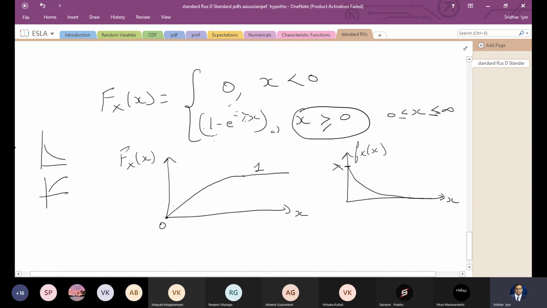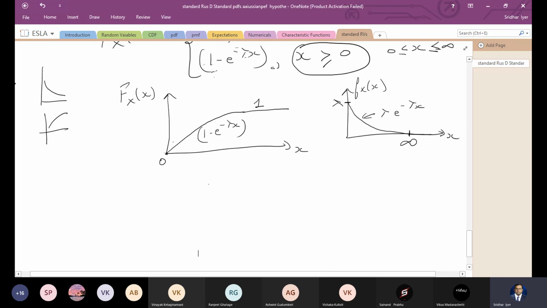At infinity, this value will become 0. So this is your lambda e raised to minus lambda x, and the CDF which I have shown is 1 minus e raised to minus lambda x, right? So that is how you can find the CDF and the PDF for an exponential random variable.